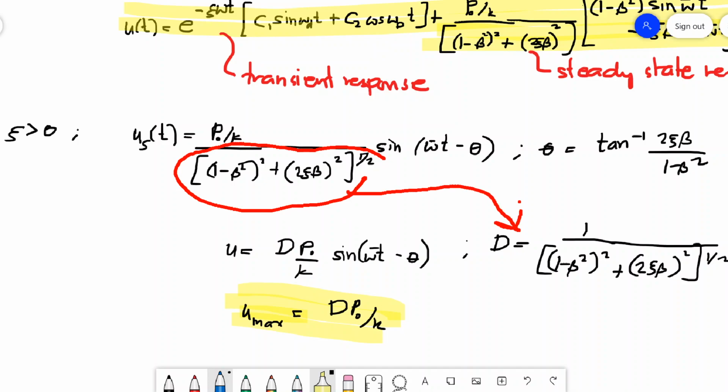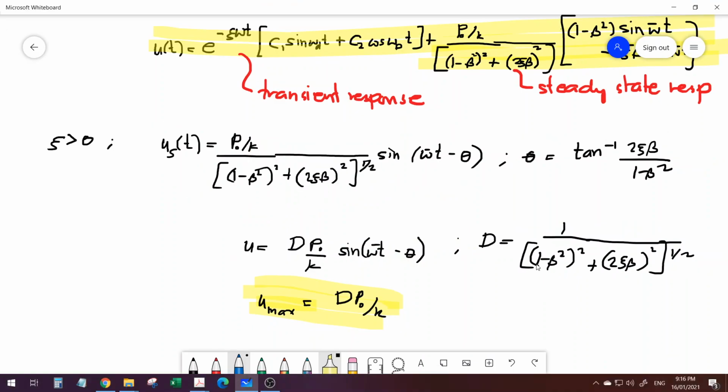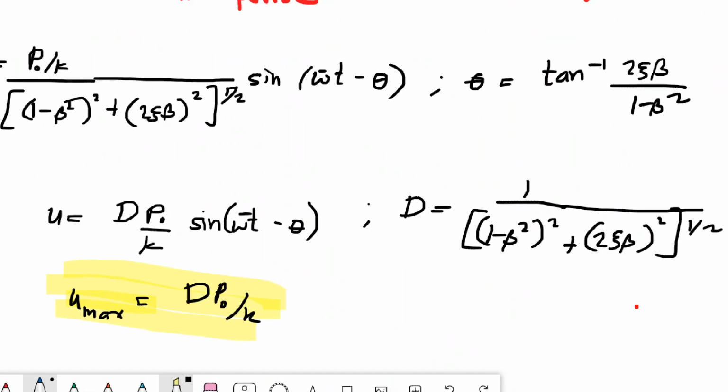And if you notice, your dynamic amplification factor is a function of the excitation frequency ratio, diba? The ratio of the excitation and the natural frequency of your structure. And of course, the damping ratio of your structure, which is typically in a building about 5% or 0.05.